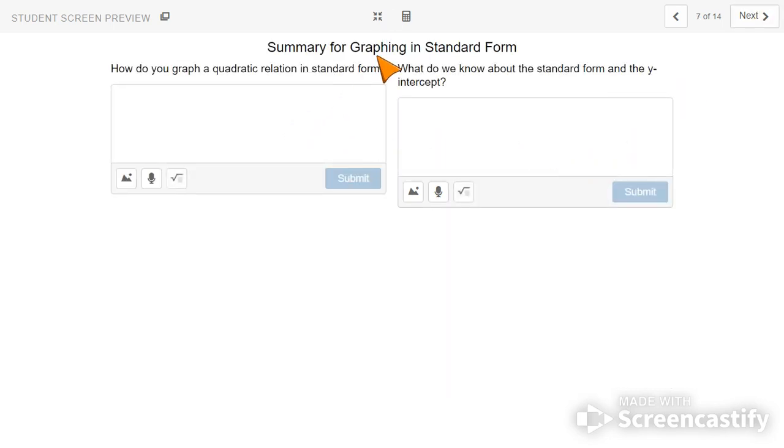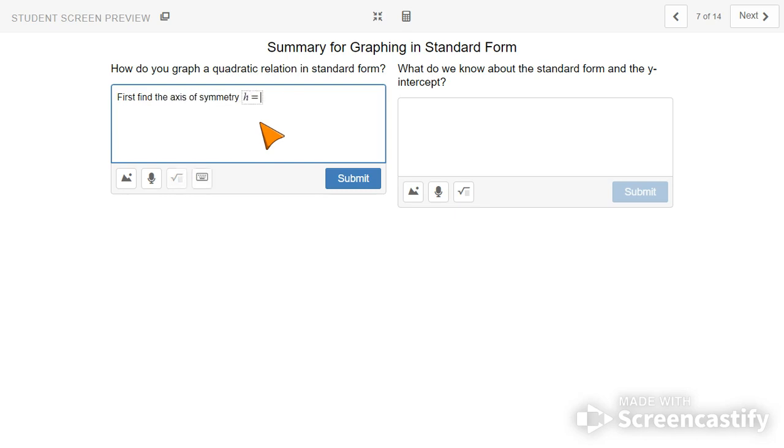Right, so the summary for graphing in standard form. How do you graph a quadratic relation in standard form? We need to first find the axis of symmetry. And the axis of symmetry, h is equal to negative b over 2a.